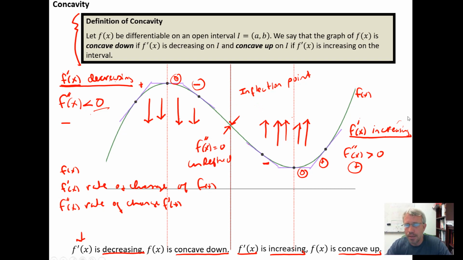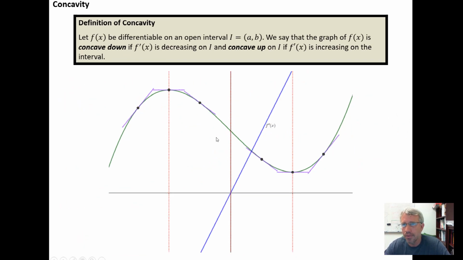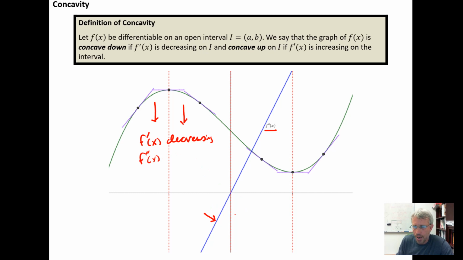So we can summarize this conversation simply this way. We want to be able to test for concavity. And to test for concavity, if the graph is concave down, we want to recognize that the second derivative, which I have right here, when we're concave down, we know that f prime is decreasing, which means that the second derivative, which I actually have graphed here, needs to be negative.